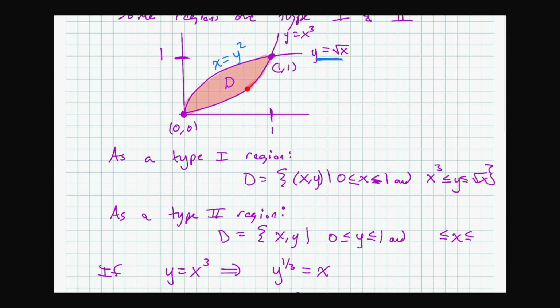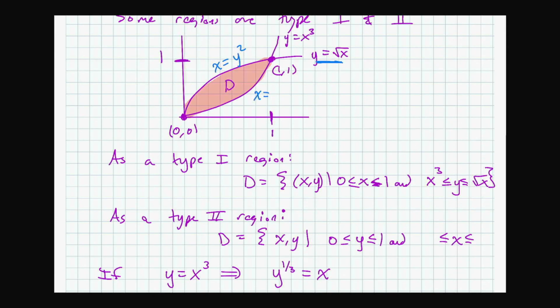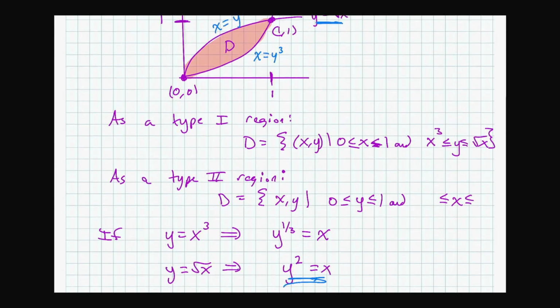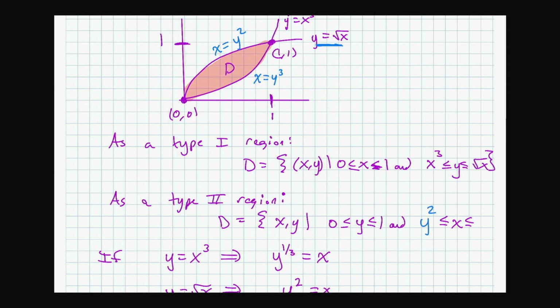And this one, which is on the bottom, you could also think of as being the right-hand curve, and that would be x equals y to the 1/3. Right? So just solve for x on both of these, and you can rewrite them with different names. And then over here, your left-hand curve was the y squared, and your right-hand curve was y to the 1/3.